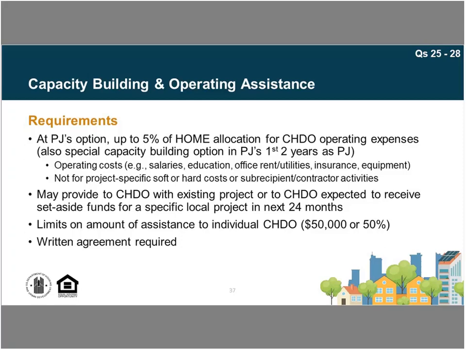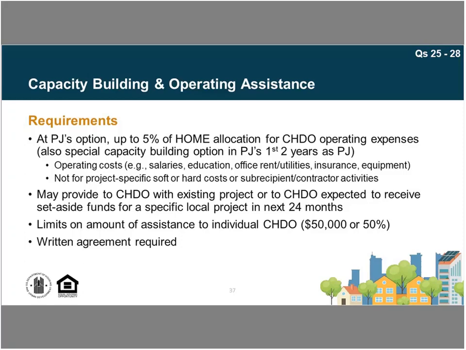There are limits in place on how much can be provided: either $50,000 or 50% of their overall operating costs. I will mention that currently, as part of the COVID waivers, we have in place an expansion that allows up to 10% of the HOME allocation to be used for CHDO operating expenses.